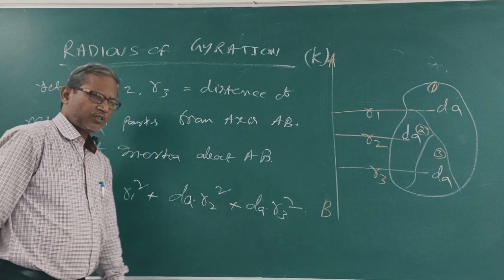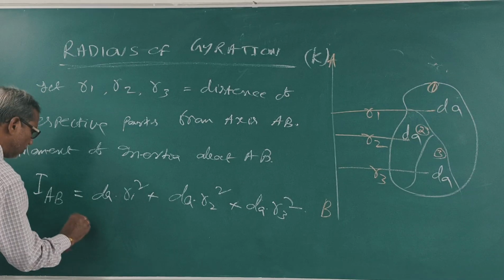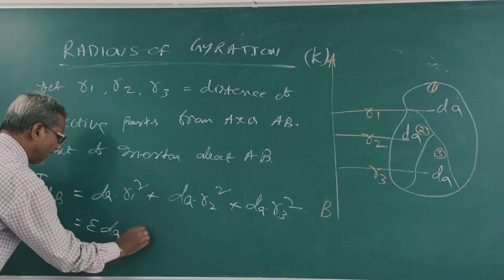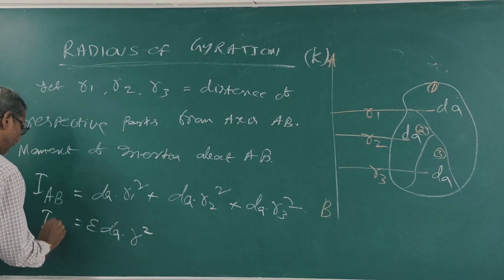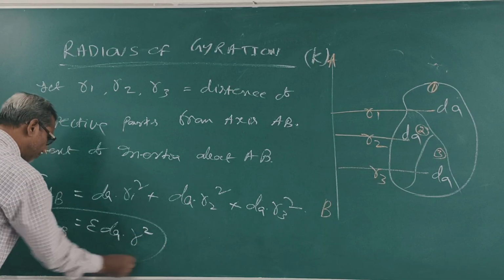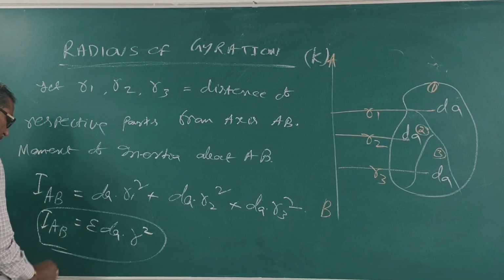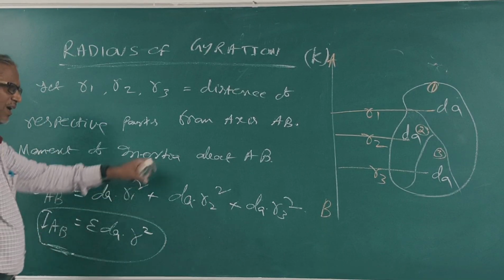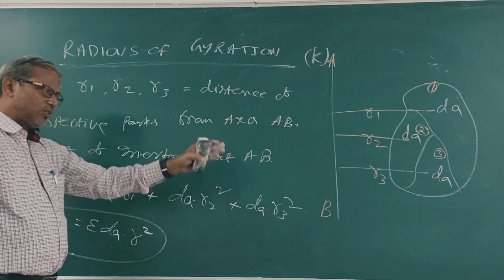This is equal to sigma dA R square. IAB is equal to this formula I told you last time.